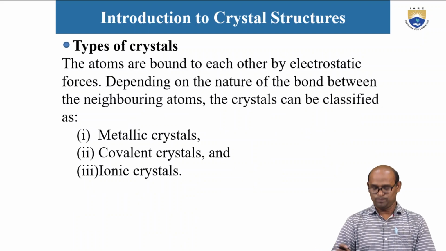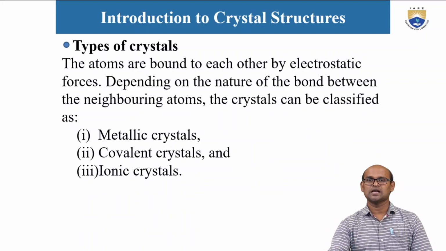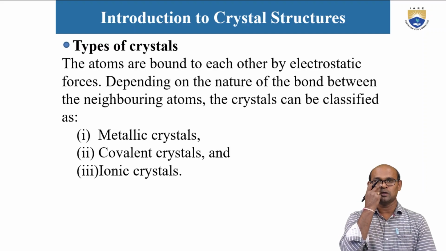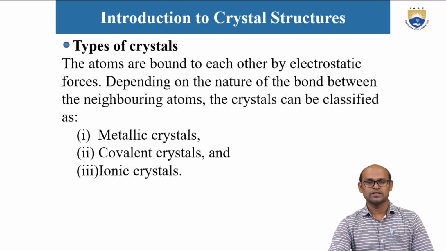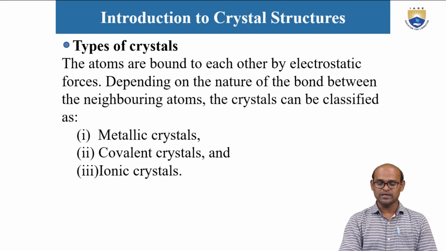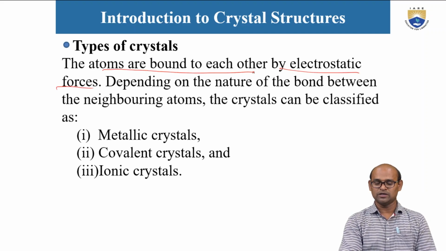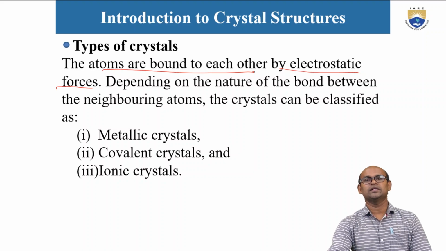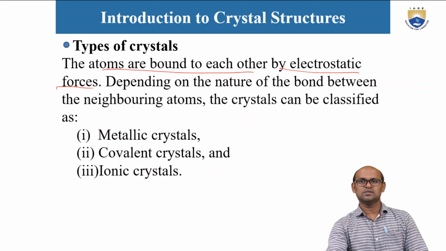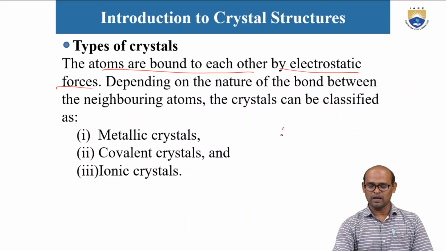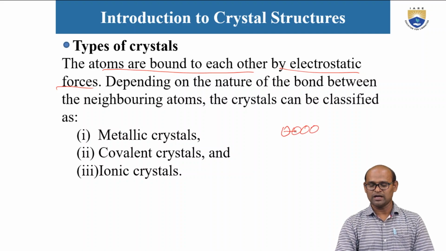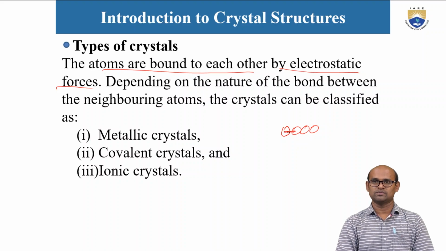So, before discussing the third type of solid, there are different types of crystals that are classified based on the electrostatic forces between the atoms. Crystalline materials have a regular arrangement of atoms. What is the kind of force that exists between two nearby atoms?